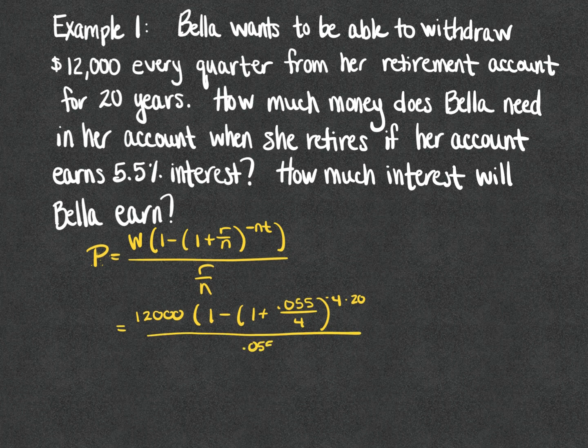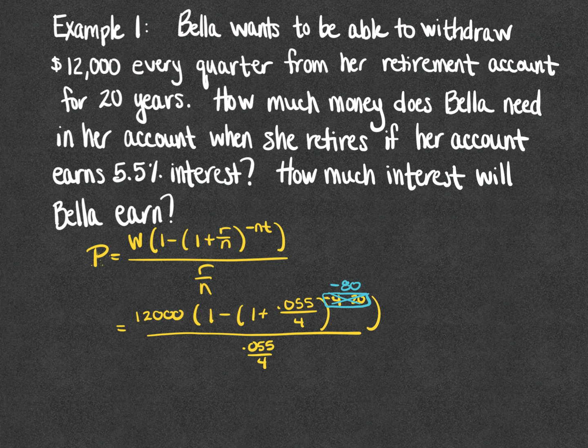And then we have our R over N again. And do note that the exponent is negative. That is a negative NT power. So for calculator purposes, so that you don't need another set of parentheses, I'm going to recommend that we go ahead and multiply that together and get an exponent of negative 80, and we'll just enter it that way into the calculator.